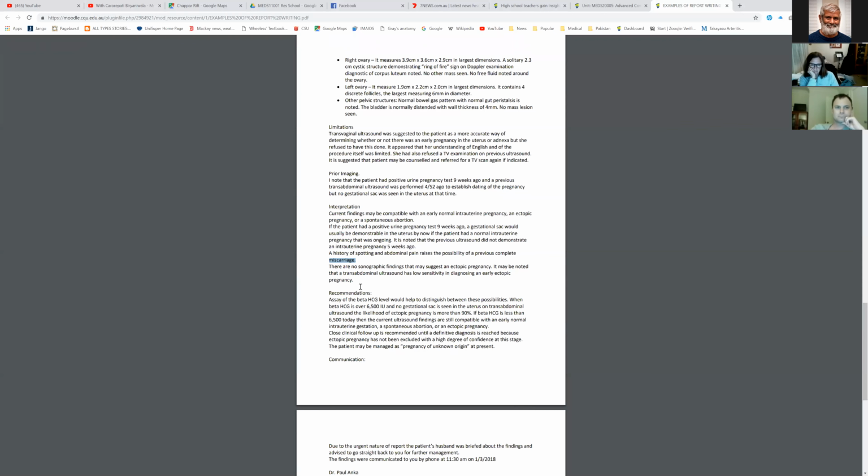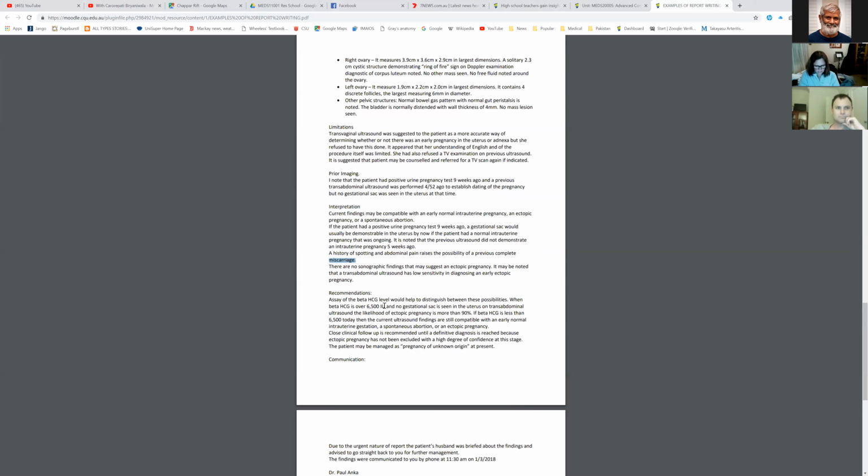Still a very remote possibility, but we are saying that today we did not find any evidence of that. Third possibility is spotting and abdominal pain, no intrauterine gestation, no ectopic. Most probably there is a previous complete miscarriage.